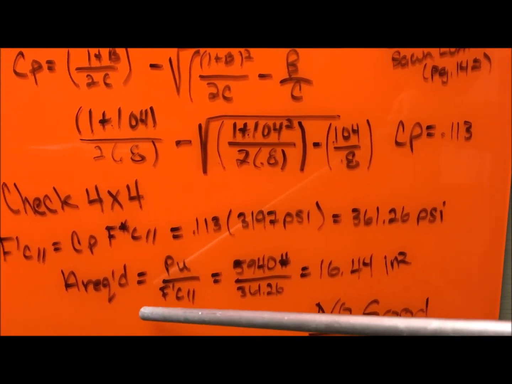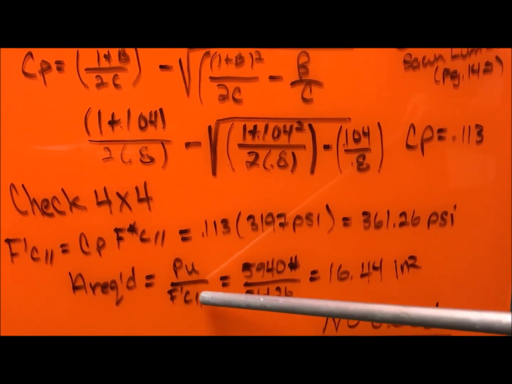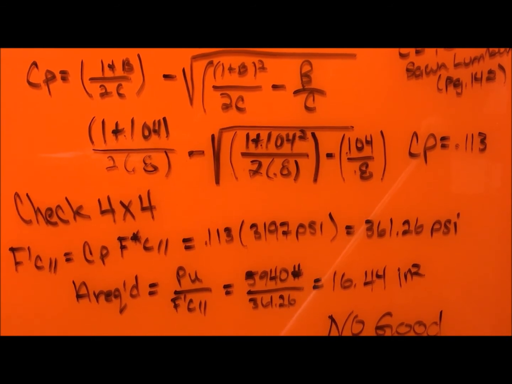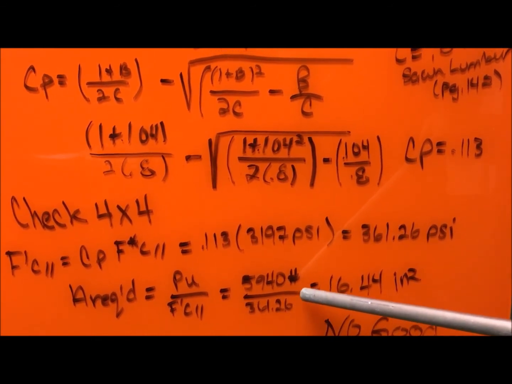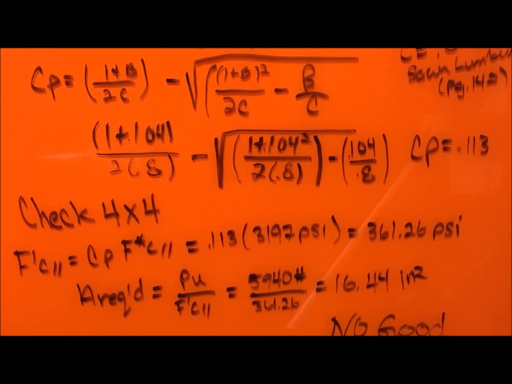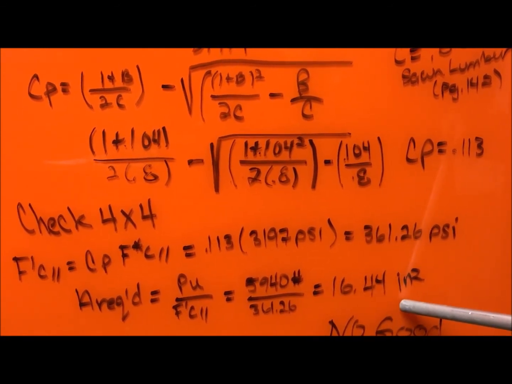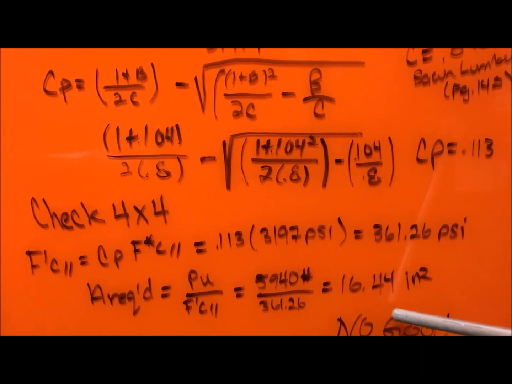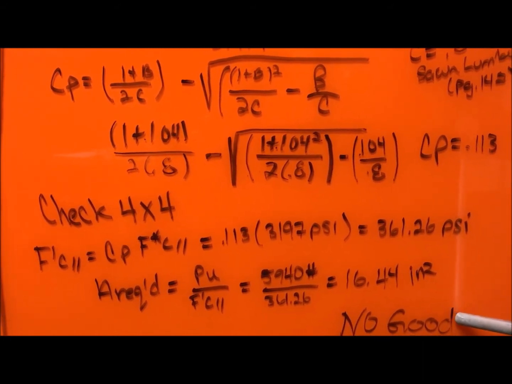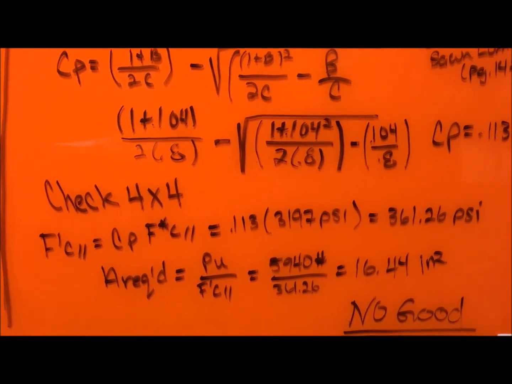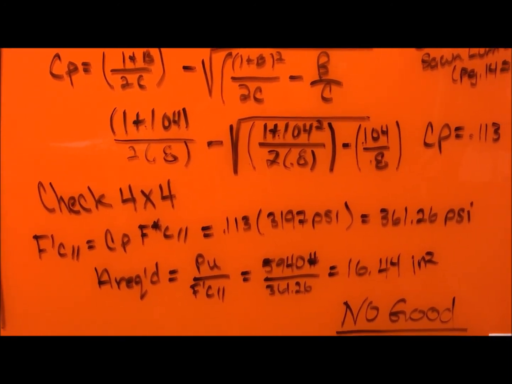And the area required for the 4x4 is the PU over F prime C parallel, which is equal to 5940 pounds over 361.26, which is equal to 16.44 inches squared, which means this is no good, and we'll have to reiterate because the area required is bigger than 12.25 inches squared, and that needs to be a bigger number.